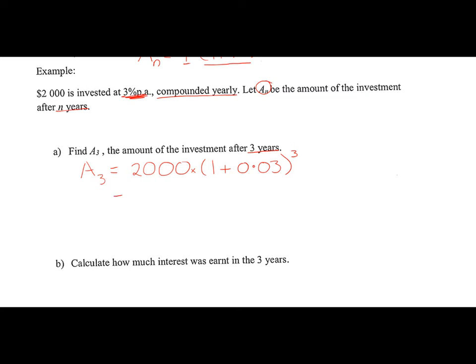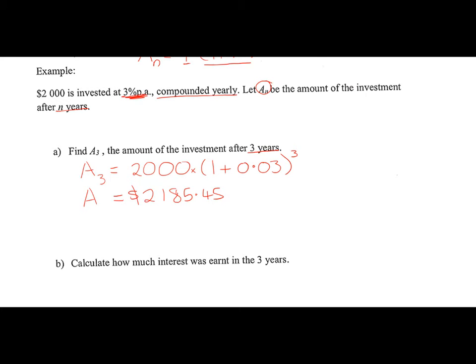You, of course, would use a calculator to work that out. You wouldn't do that one in your head, and you will find that you get $2185.45. It's money, it's dollars, so put the dollar sign at the start.